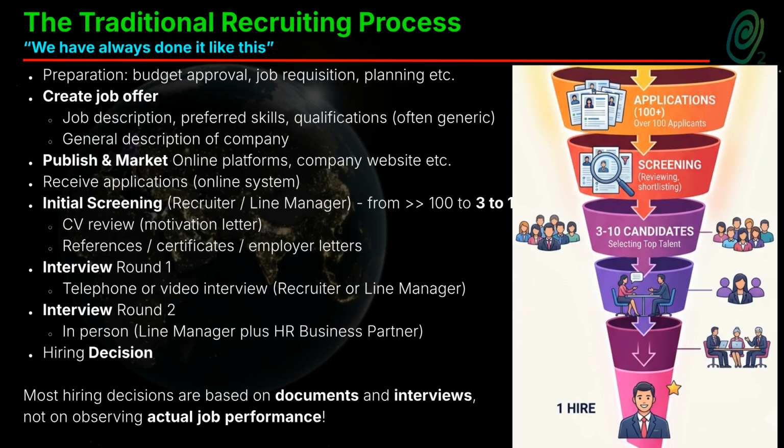Then you go to the first interview round. Nowadays this is usually done with video interviews or by telephone, where a recruiter or the line manager has an interview with the applicants you have chosen. Then you narrow it down even more and go to interview round number 2, where you invite the people, usually in person, with the line manager and maybe now an HR business partner, not the recruiter anymore, participating in this second interview.